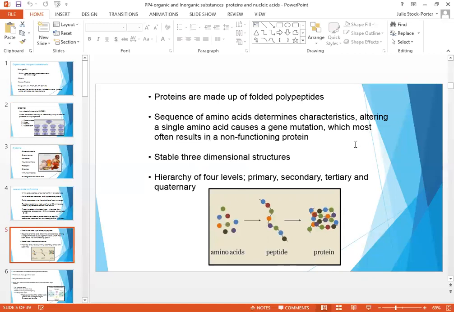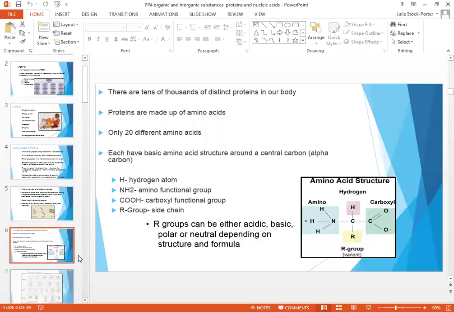Altering a single amino acid can cause a gene mutation, which most often will result in a non-functioning protein. Stable three-dimensional structures form a hierarchy of 4 levels: primary, secondary, tertiary, and quaternary. Now we'll talk a lot about these different structures of the proteins as we move on.